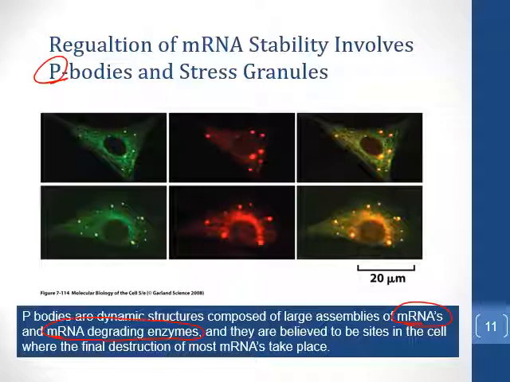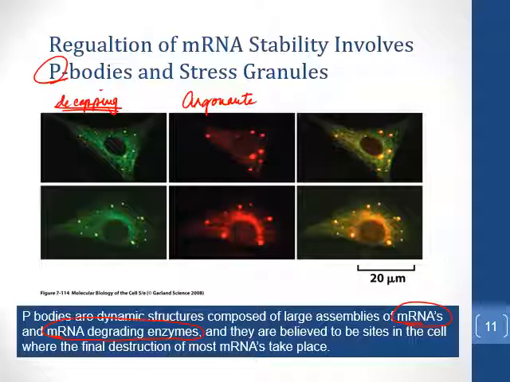In this slide, there are decapping enzymes, those proteins involved in decapping, stained with an antibody, and it shows up green. In this one, the same cells are stained with an antibody to a protein called argonaute.